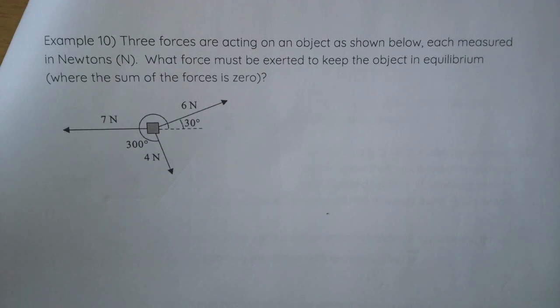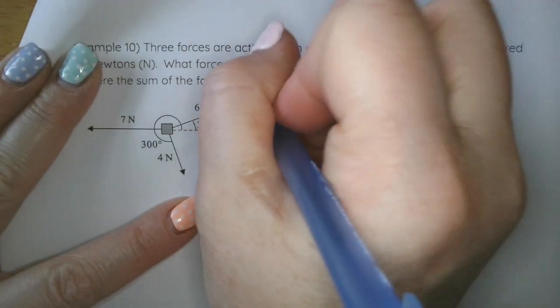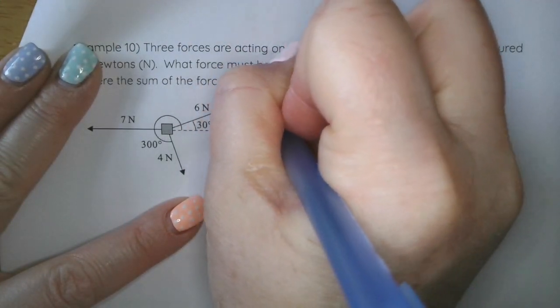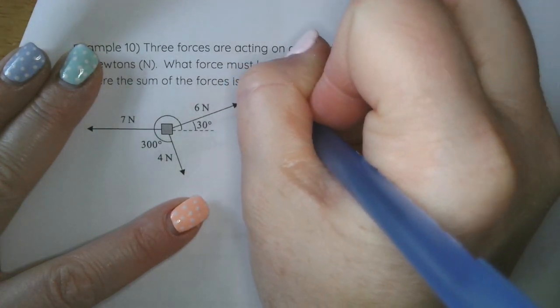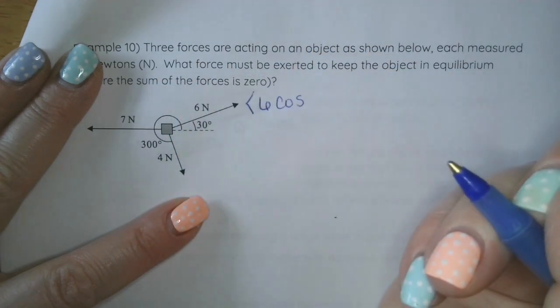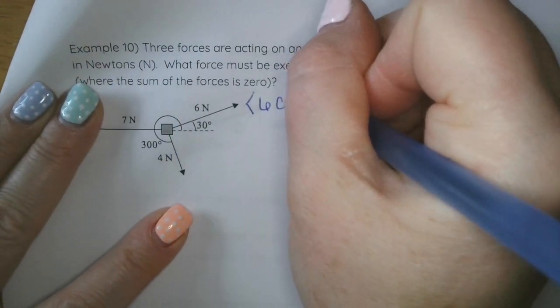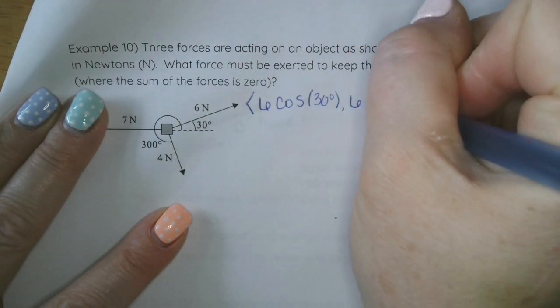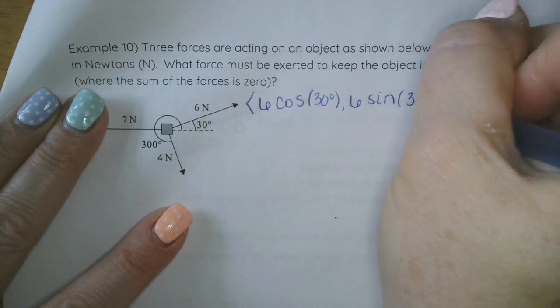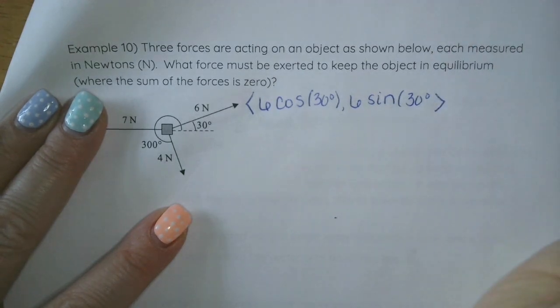We are given some degree values, so I'll start with this 6 Newton one. We're going to take 6, which is the length of the vector, times cosine of the degree the vector is at, so 30 degrees, and 6 times sine of 30 degrees.